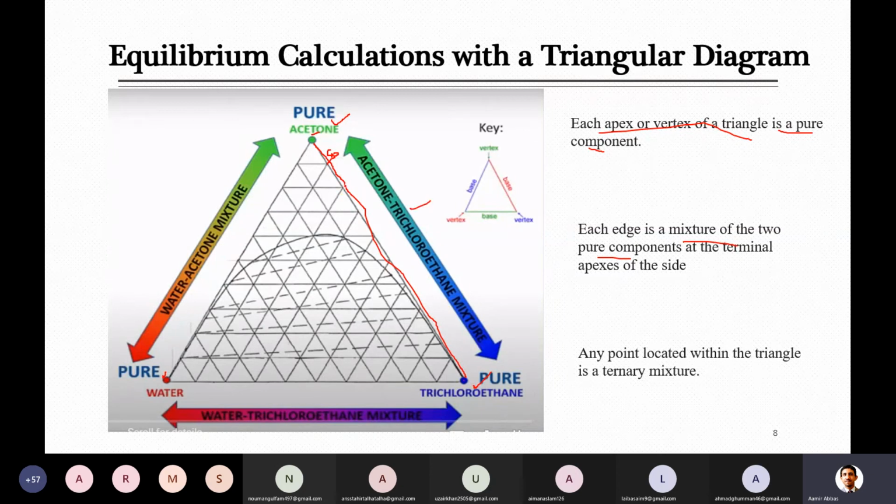At 80, acetone is 80 and the other is 20. Acetone is 70 and the other is 30, then acetone is 60, 50, reducing as the other component increases as we move along. Then 40, 30, 20, 10 acetone, and when you reach this point there will be 0 acetone and 100% trichloroethane.